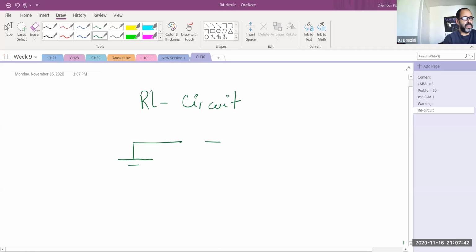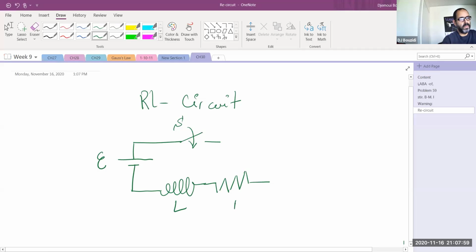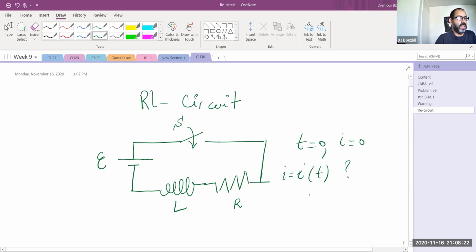Of course, usually for good measure, we put a switch in here, S. And this is an EMF E. And in here, I have an inductor, L, and a resistor, R. And at t equal to 0, there was no current in the circuit. So that is the only condition that we have in here. And we want to know the current I at any given time later. So that is basically what we want to find, the current later on.